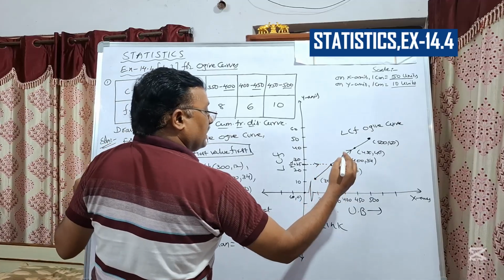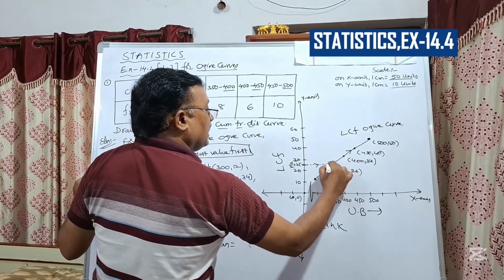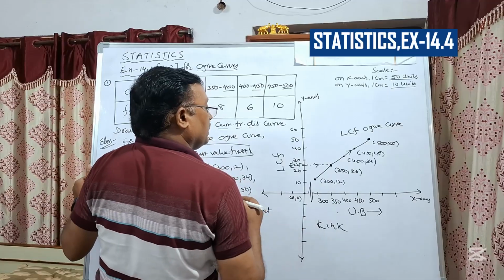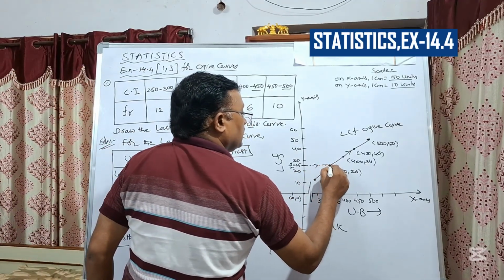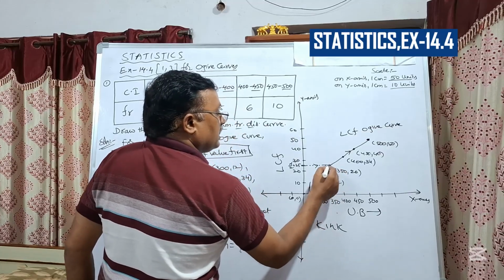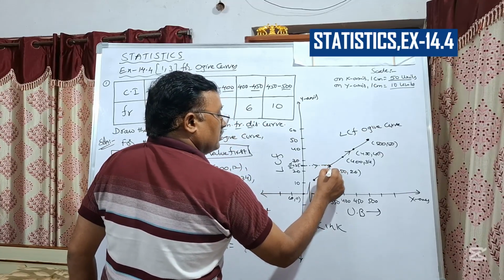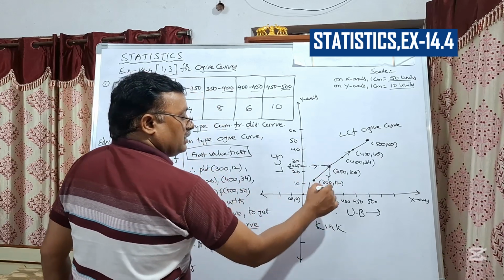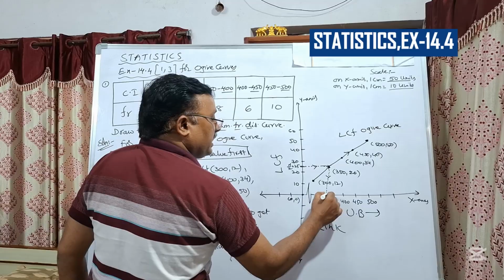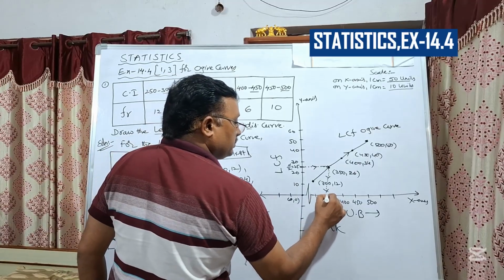It cuts the curve at a point. Okay? So now it is beyond this 350. Now get it on the x-axis, parallel to the y-axis. It touches the x value, that gives you the median.